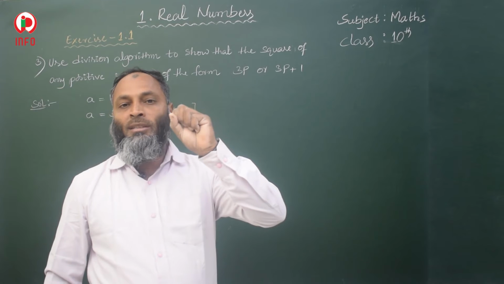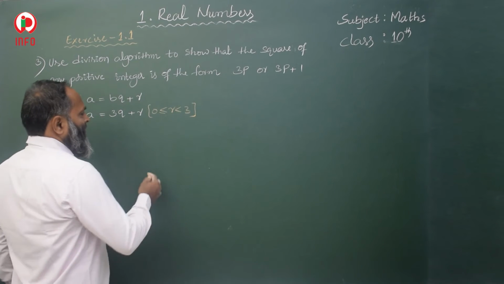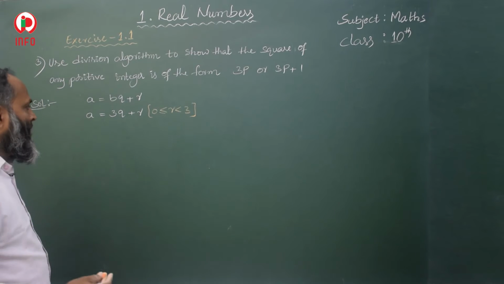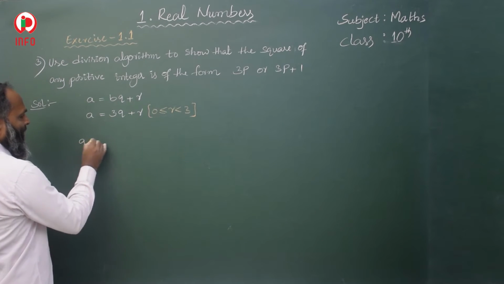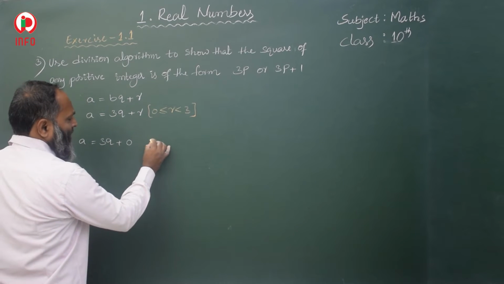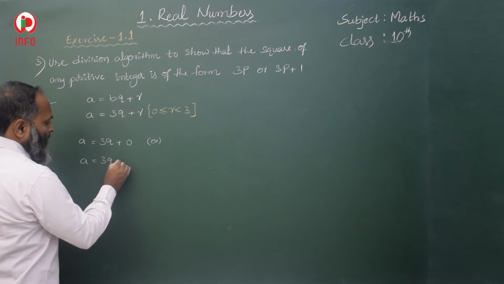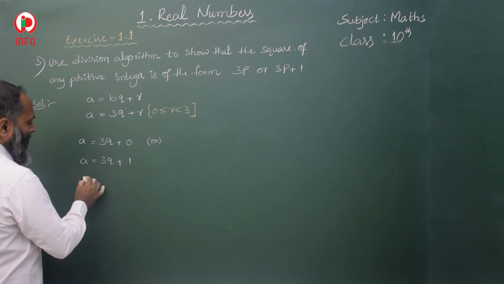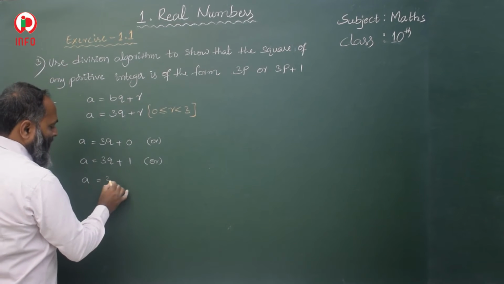So when the remainder is 0, then a is equal to 3q plus 0, or otherwise a is equal to 3q plus 1, or otherwise a is equal to 3q plus 2.